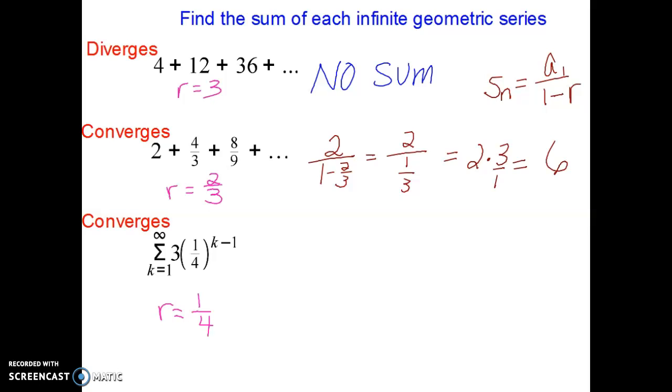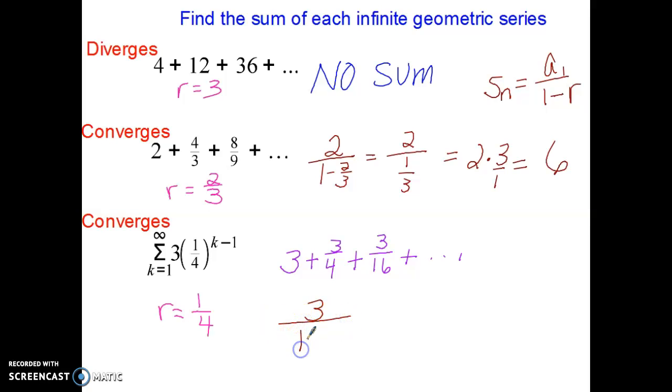In my third example, it is listed in sigma notation. You could list out some numbers if you choose to, and I'm just going to put a few in here. If I were finding my first 3 terms, this is what I would have. Now if I go back to that formula, my first term is the number 3.